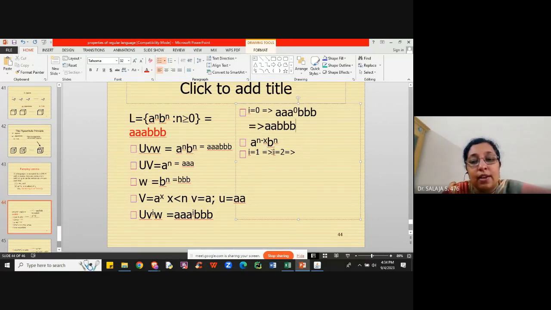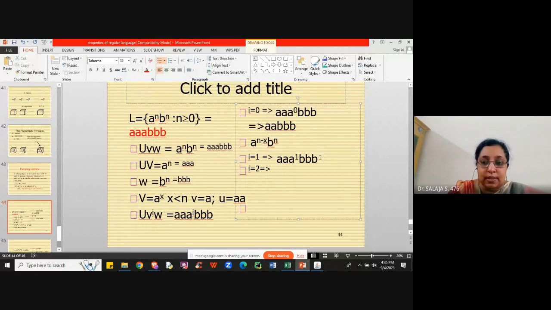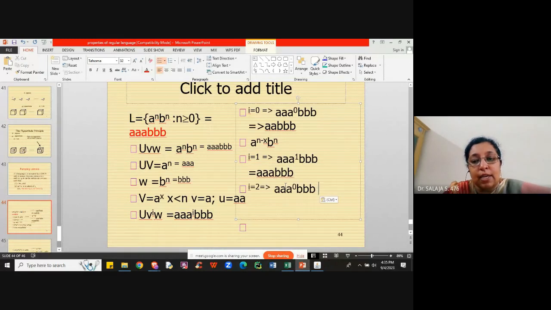If i is 1, what string will be generated? The string generated is 3 a's with 3 b's. When i becomes 2, the string generated would be 4 a's and 3 b's.